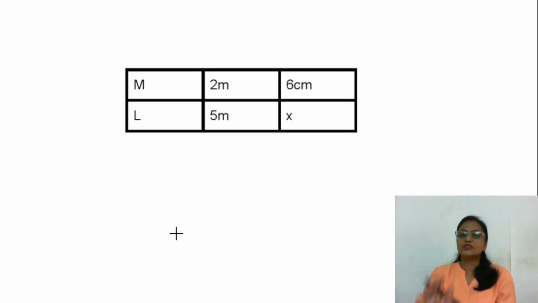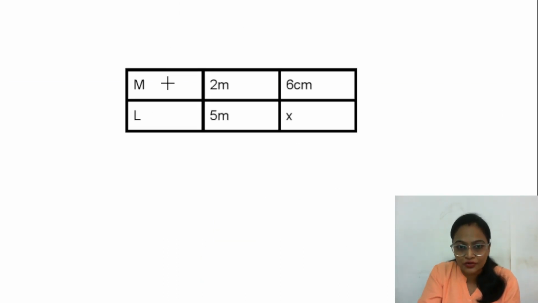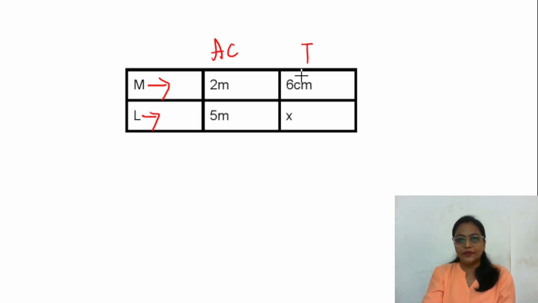To solve this question, again we will make a table like this, where in the first row we will write the length of the mirror, and in the second row we will write the length of the Almira, right? So this is the actual Almira and this is the toy Almira.